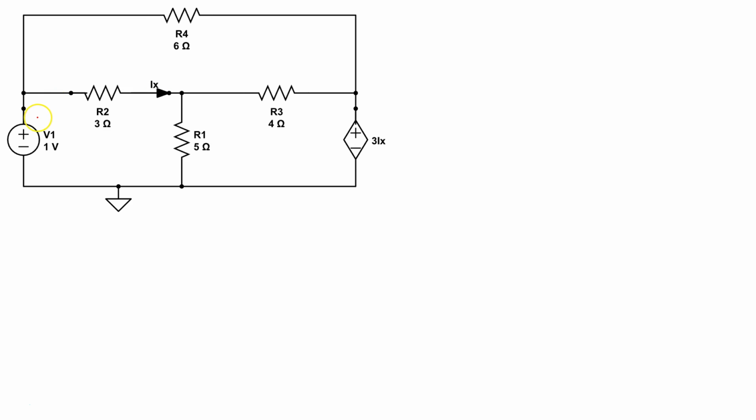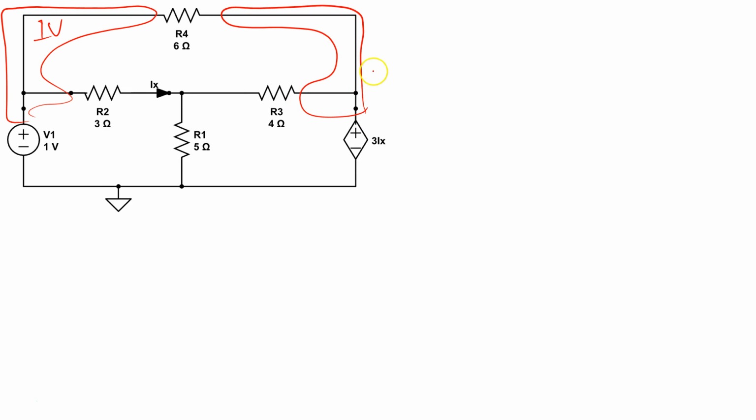So now we could identify already that this is 1 volt, and since this is a voltage source now, I know that this is 3ix volts. So I only have one node which is unknown, so I'm going to call this VA, and I'm going to write the equation for VA.